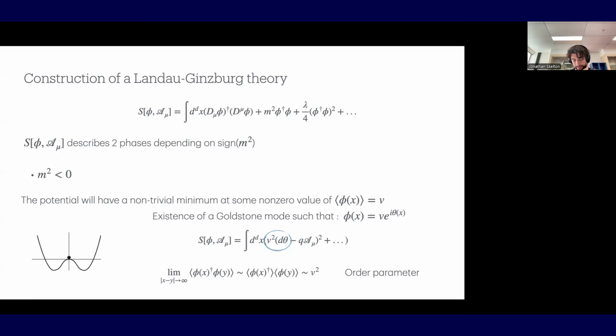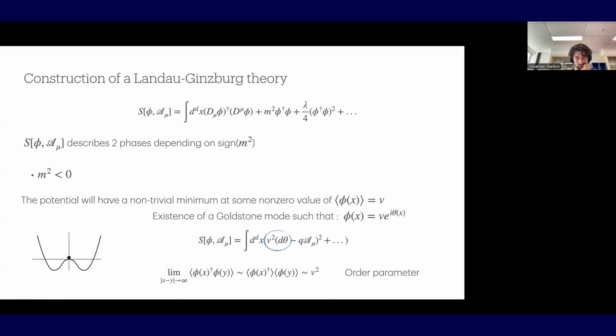So you can rewrite your field as v exponential of i theta. And if you expand the action, in particular the quadratic term, with this field, you obtain v squared (d theta) squared, which is basically the kinetic term for your Goldstone mode.